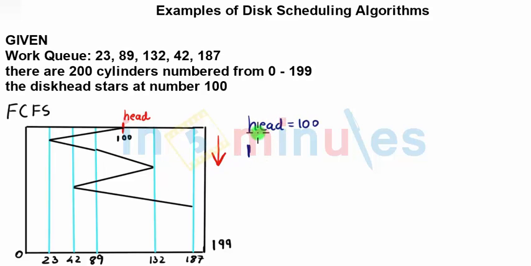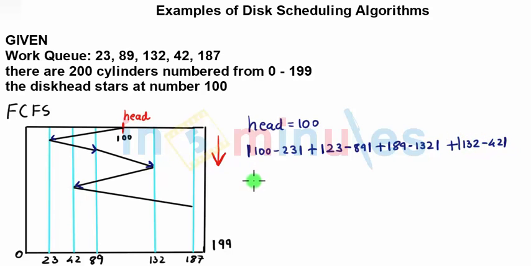So for the first movement, that is from 100 to 23, it would be 100 minus 23, plus for the next movement from 23 it has moved to 89, so 23 minus 89, plus for the next movement from 89 it moved to 132, so 89 minus 132, plus from 132 it shifted back to 42, so 132 minus 42, and finally adding from 42 to 187, so 42 minus 187.